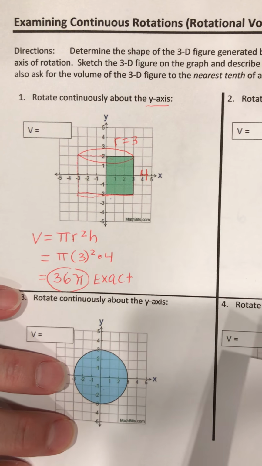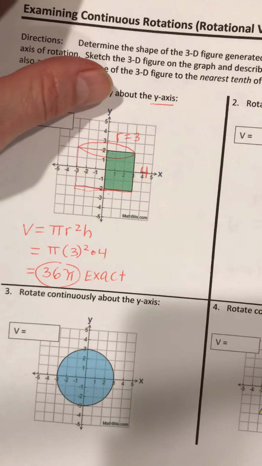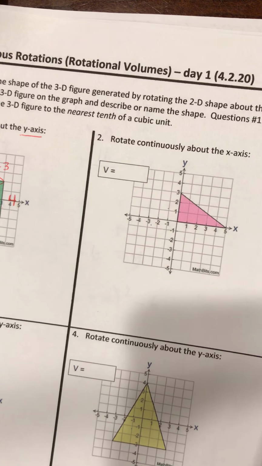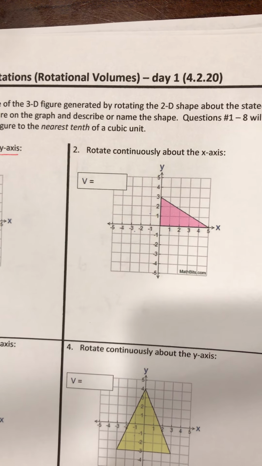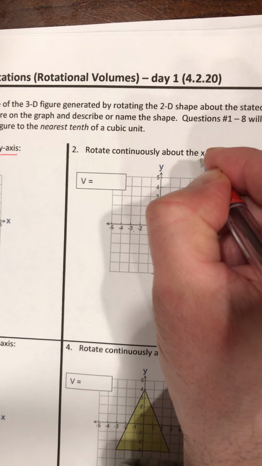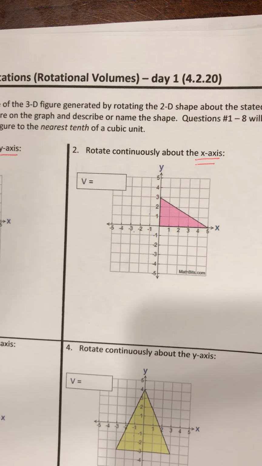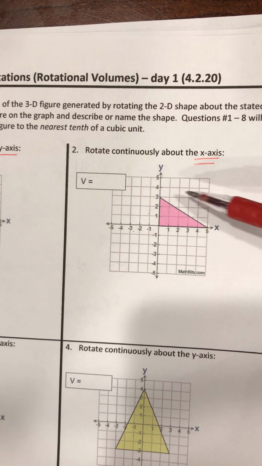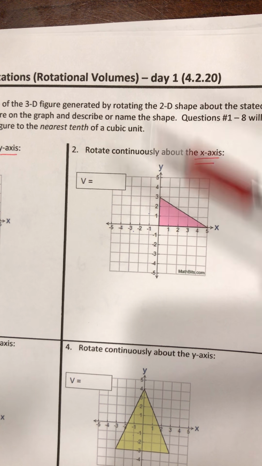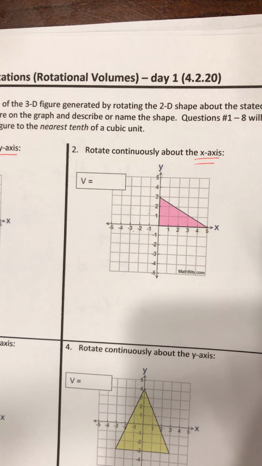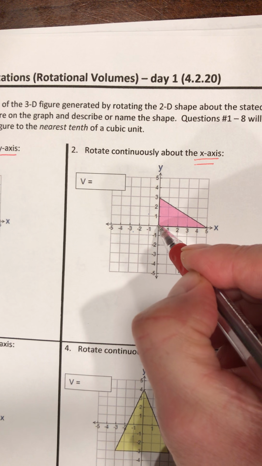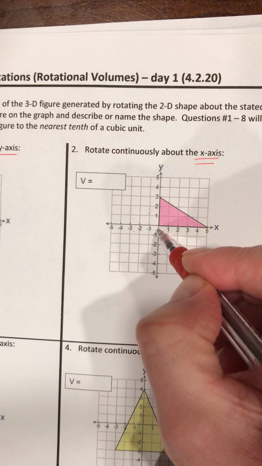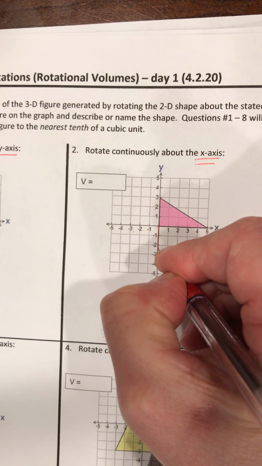Let's take a look at number 2. We have a triangle that they want us to rotate around the x-axis. So it's going to rotate around this way around the x-axis. Basically, this dimension of 3 is going to mirror on the other side, and then it's going to connect down to this corner here.